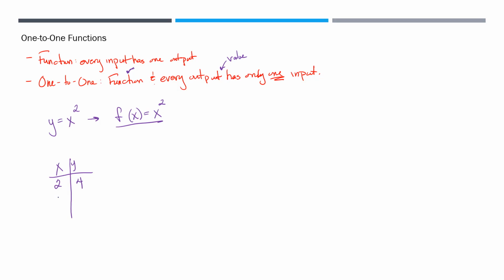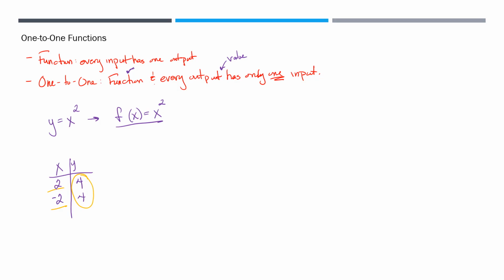For example, if I plug -2 into this function, I still get a 4, don't I? This is a function because every input has one output. But in this particular case, this output is the same, and it comes from 2 different inputs. That cannot happen for a one-to-one function.